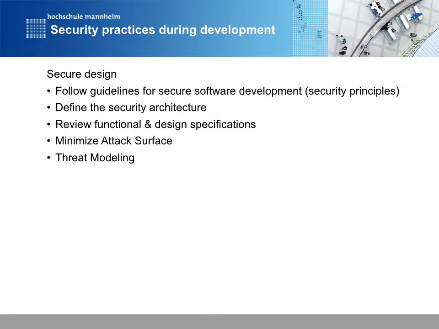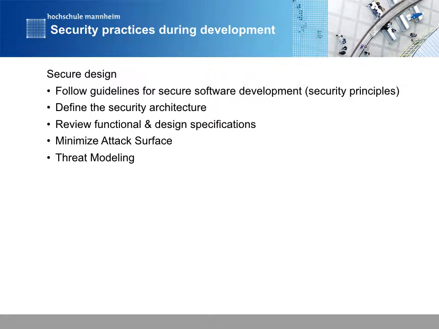Typically, in a web application setup, you would have something on the web server and something in the backend, and you would have a trust boundary between the web server and the backend, because you won't trust by default everything that comes from the web server, as you don't trust everything that comes from the user. But we will refine this later today.